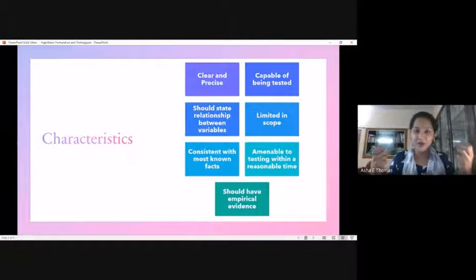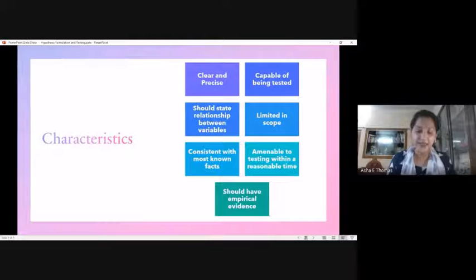If our variables cannot be identified in measurable terms, then it will not lead to a hypothesis that can be tested. A researcher should avoid such possibilities.